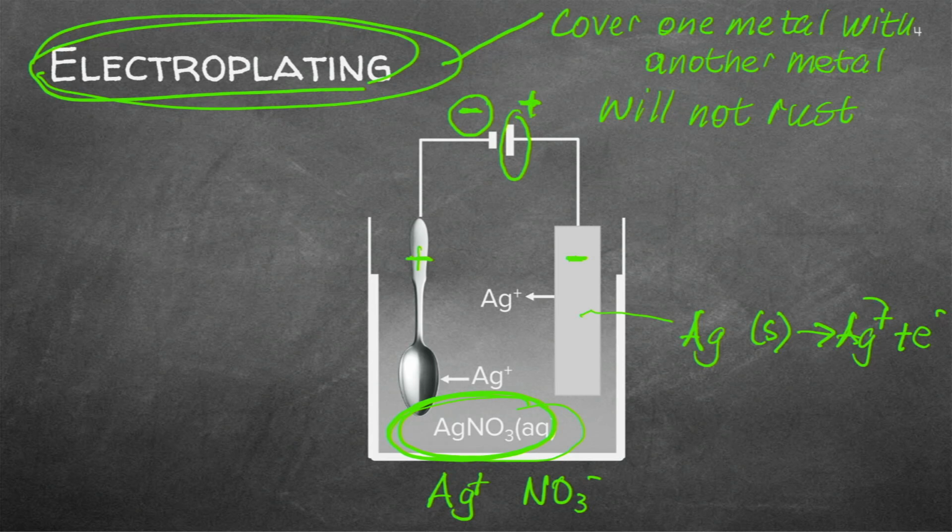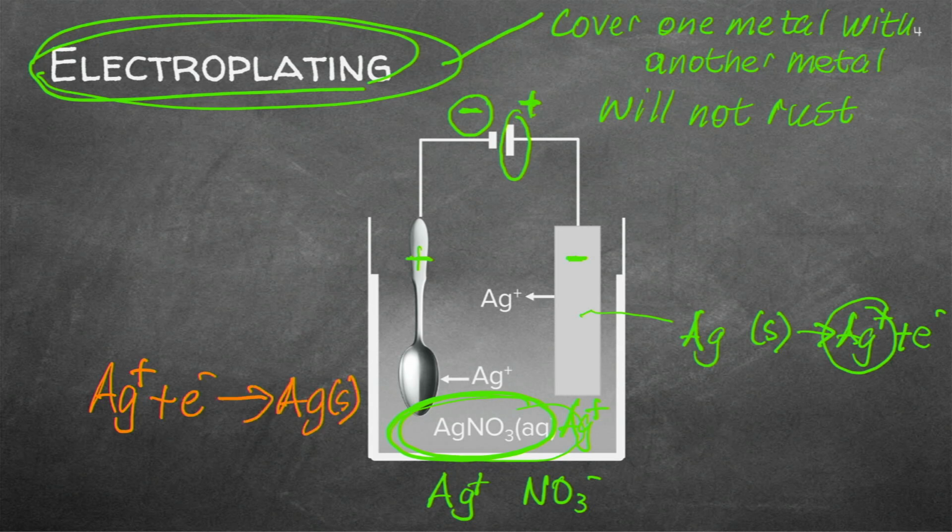silver here will become silver plus, the ion, plus an electron. That silver there and the ones in the solution will now, because I'm disturbing the equilibrium, move towards the other side. And can you see that silver plus an electron will now become silver solid. And that plus there will latch onto this negative.